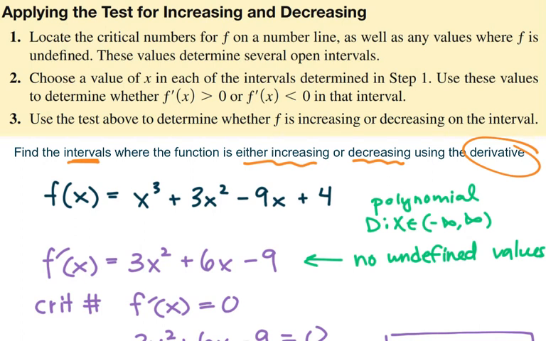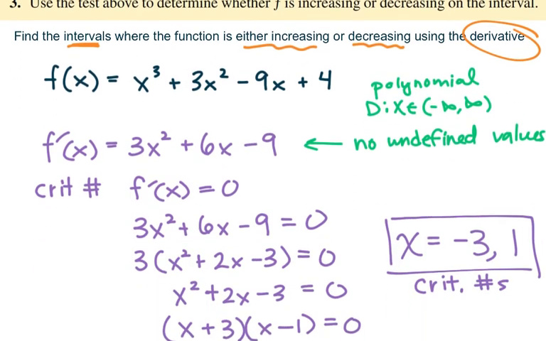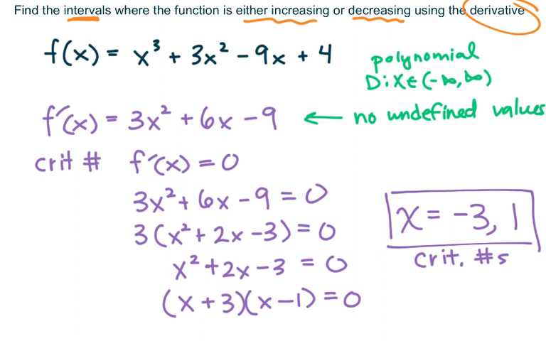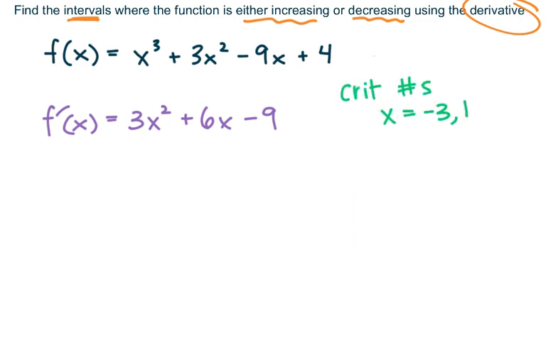So what this says we do next is, once we know those critical numbers, we are going to determine some intervals. We're going to put these numbers on a number line and determine intervals. So let me clean up what we're looking at here.